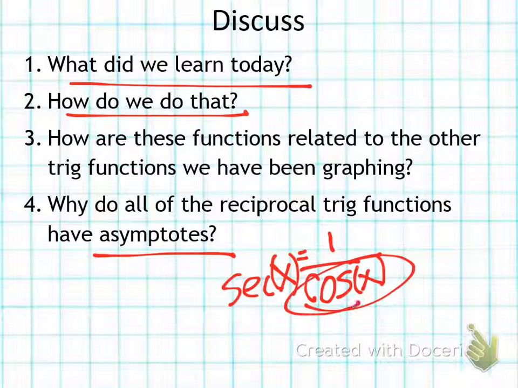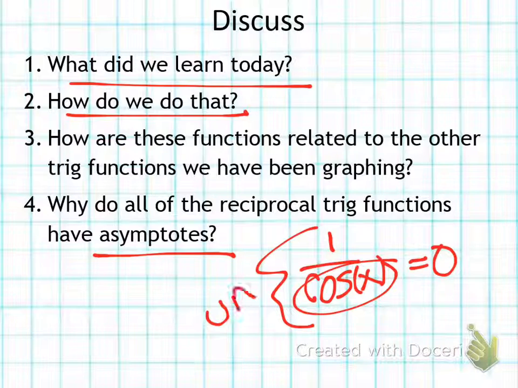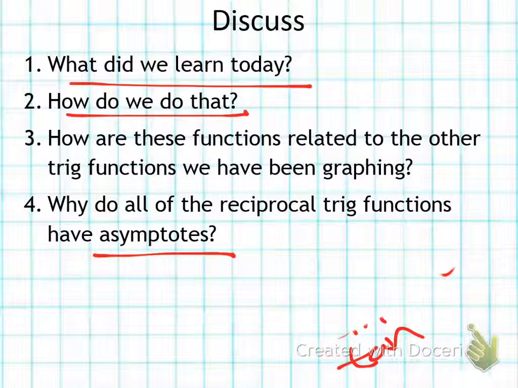Anytime that cosine is 0, this is going to be undefined. And for all of our original trig functions, there's always somewhere where it's equal to 0. So there's always going to be somewhere where this is undefined. If it's cosine, sine, or tangent, they all have somewhere where they're equal to 0. So that's why all of these reciprocal functions have asymptotes, or in other words, places where they are not defined.